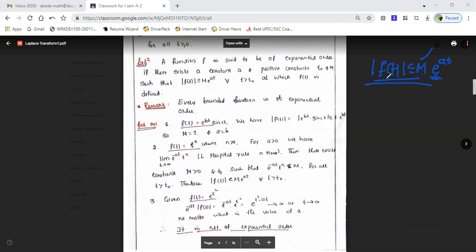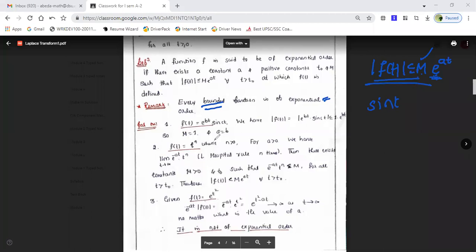One more important thing for the quiz or CBT, they may ask: every bounded function is of exponential order. Whatever the bounded function, the sine function, cos function, e to the power at I've discussed, all those functions are of exponential order. It means every bounded function is of exponential order, but the reverse may not be true.